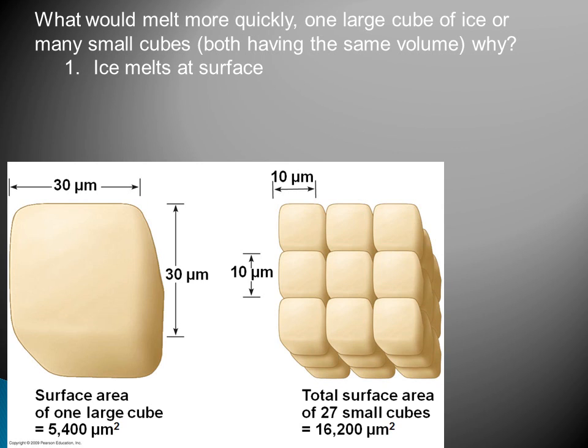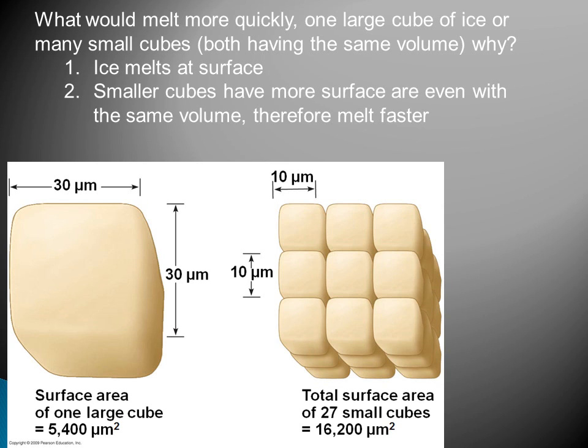So the more surface area the ice has, the quicker it's going to melt. Smaller cubes have more surface area. Even if we look at those 2 chunks of ice as having the same volume, therefore the smaller cubes will melt faster, and that broken up chunk of ice will melt faster than the whole chunk of ice.